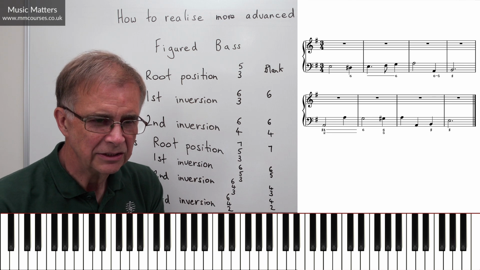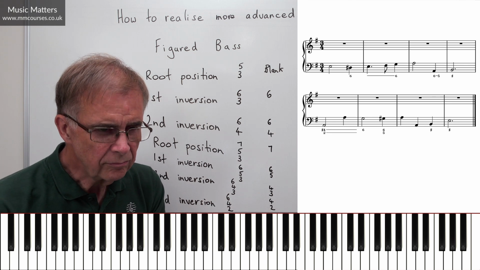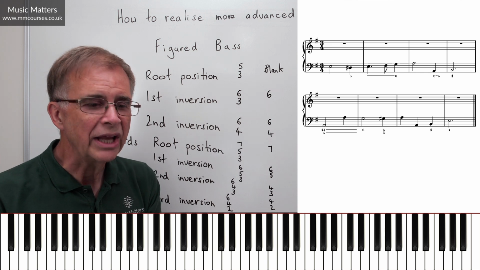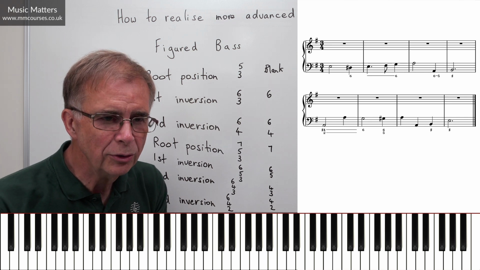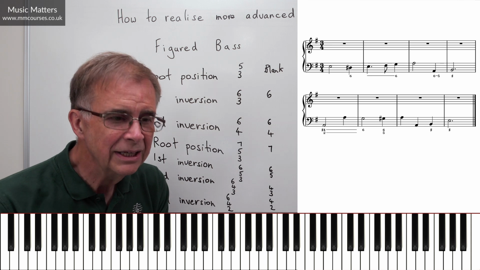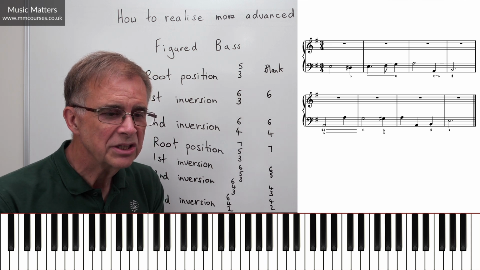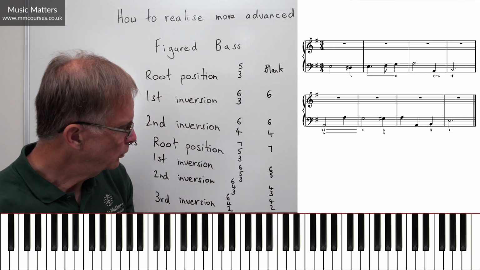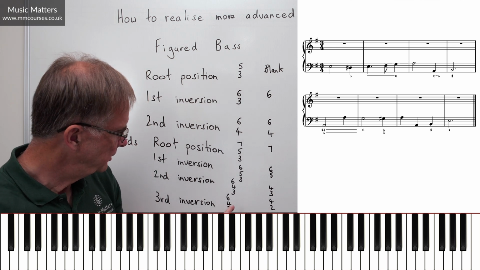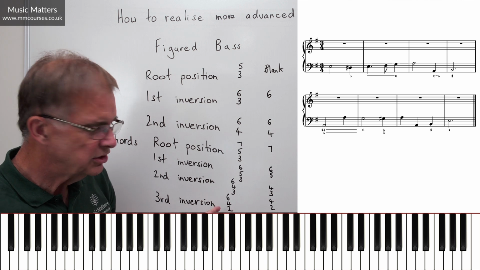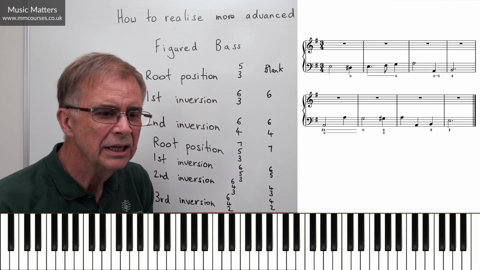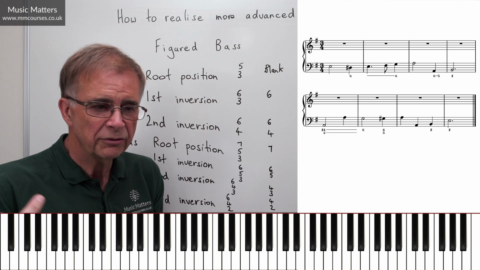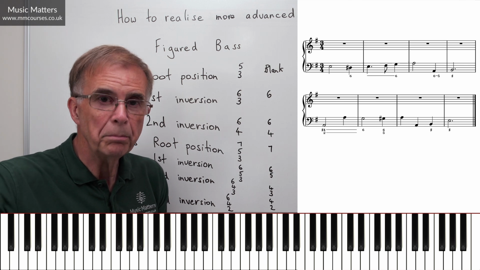Other things you might need to know about are these. Well, you might notice occasionally you have an accidental next to a number. So if you look in bar 5 of this particular piece, you'll see I've got sharp 4, 2. Well, 4-2 is an abbreviation of 6-4-2, so it's the third inversion of a seventh chord. But because it says sharp 4, it's just saying, well, what's the fourth above the bass note?